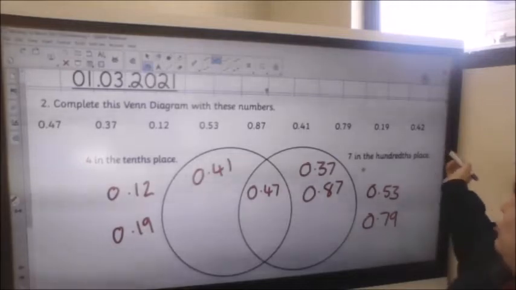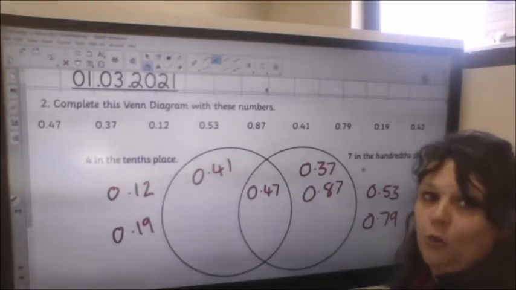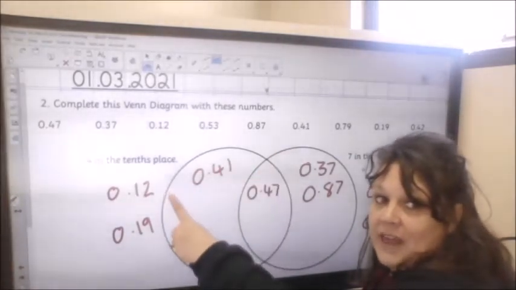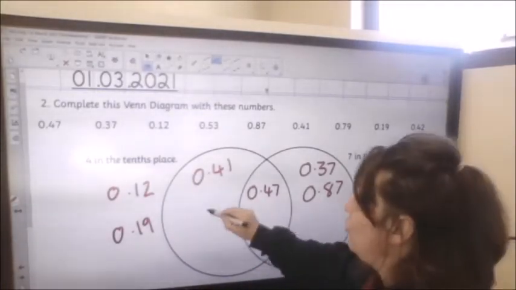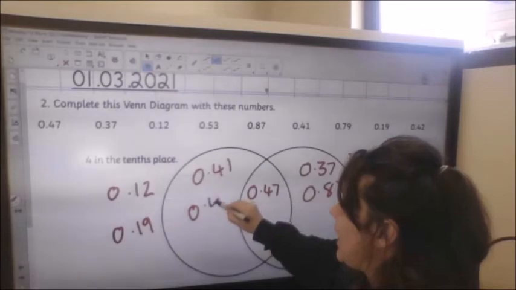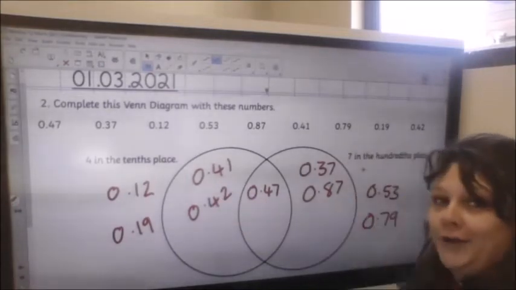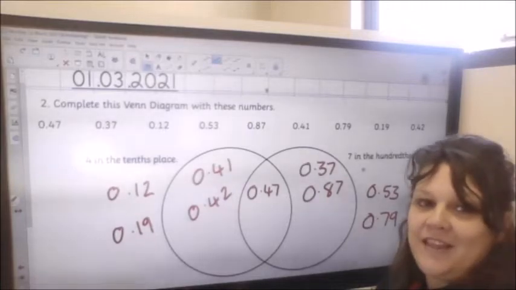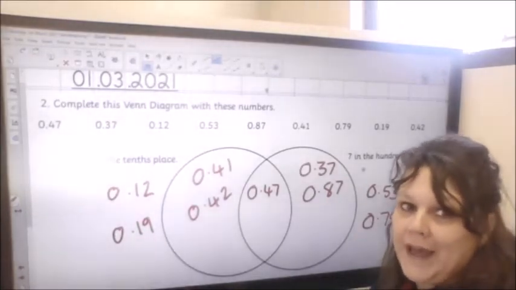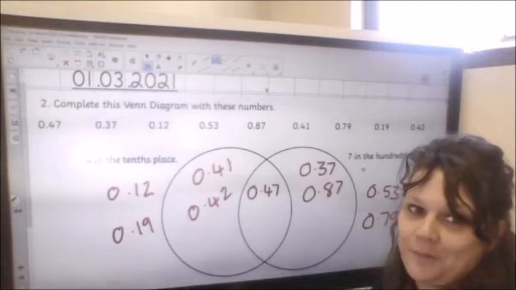And then finally, 0.42, well, that's got a 4 in the tenths column, but it hasn't got a 7 in the hundredths, so that would go there. Hopefully, you have got all of those decimal numbers in the correct place. Well done if you do.